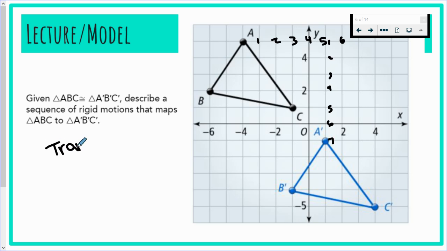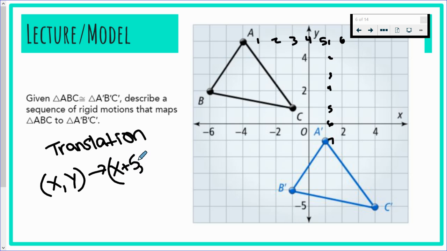So we already said it's a translation because we can very clearly see it was just slid. And we went from X, Y, and we're going to map that. Since we went to the right 5, our rule would be X plus 5. And since we went down 6, our rule would be Y minus 6. So that was our rigid motion. It was a translation by the rule of X plus 5, Y minus 6.